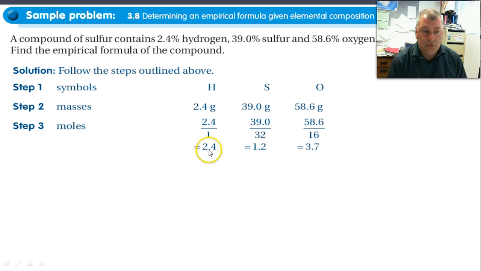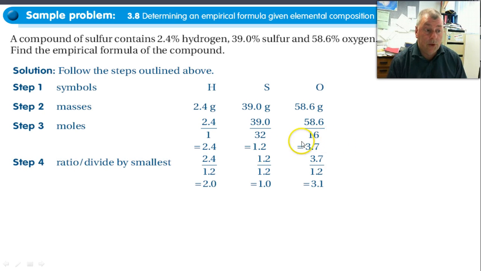That gives us the numbers 2.4, 1.2 and 3.7. Step 4 is the step that's a bit wordy, and what we are actually doing is we take the smallest number here, which is 1.2, and we divide each of the numbers by the smallest number. So this becomes 1.2 divided by 1.2, which gives us 1. 2.4 divided by 1.2 is 2. 3.7 divided by 1.2 is 3.1.